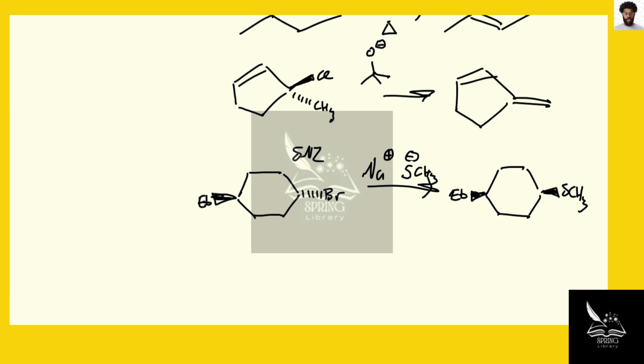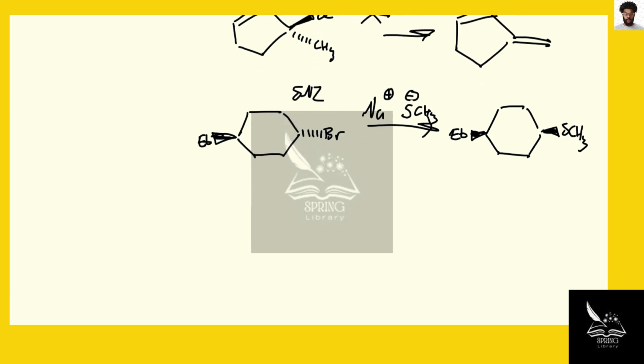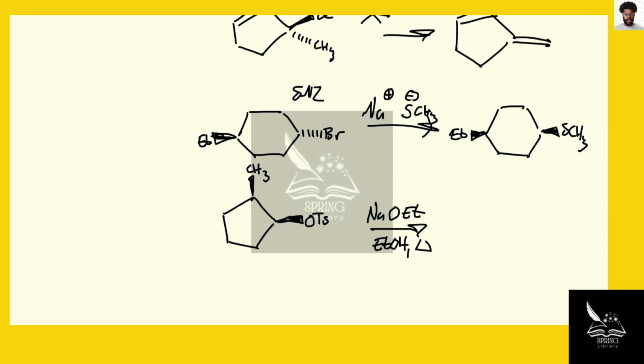Okay, and finally, we have a cyclopentane. Right, we've got a CH3 up here. Okay, and we've got a tosylate, right? Remember, OTs is a very good leaving group. So we've got a good leaving group, and we've got sodium ethoxide in ethanol with heat, right?